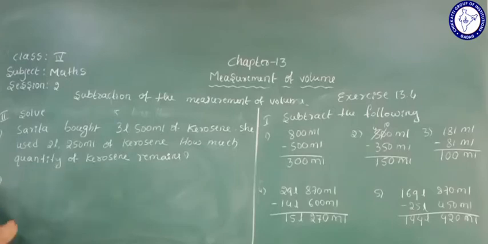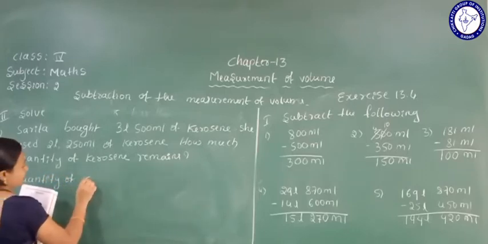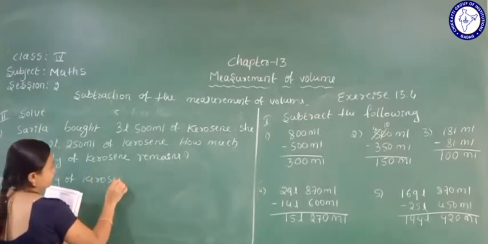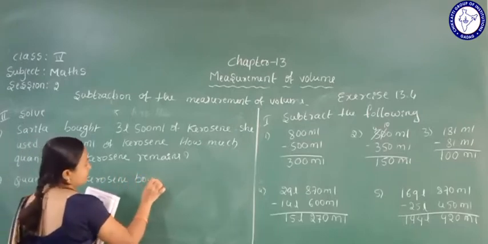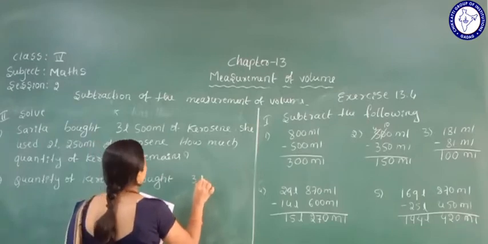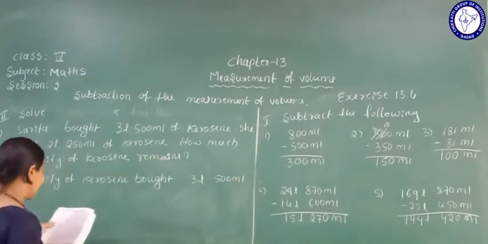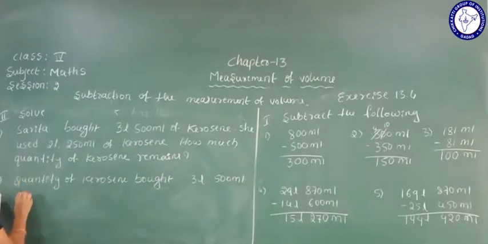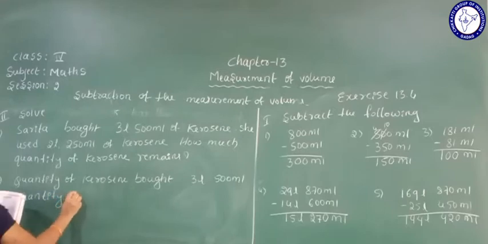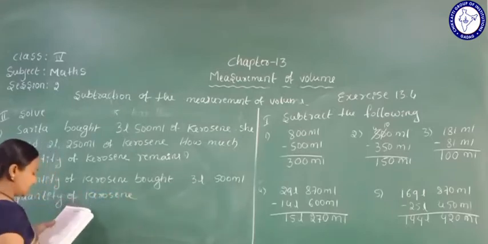So we'll write here, quantity of kerosene bought. How much she bought? 3 liter 500 ml. Okay, next one, quantity of kerosene used.